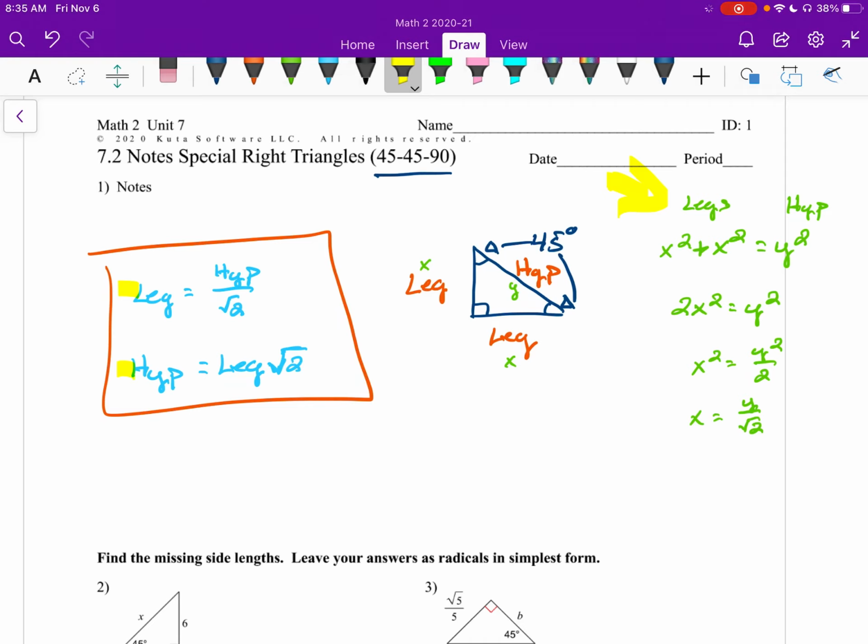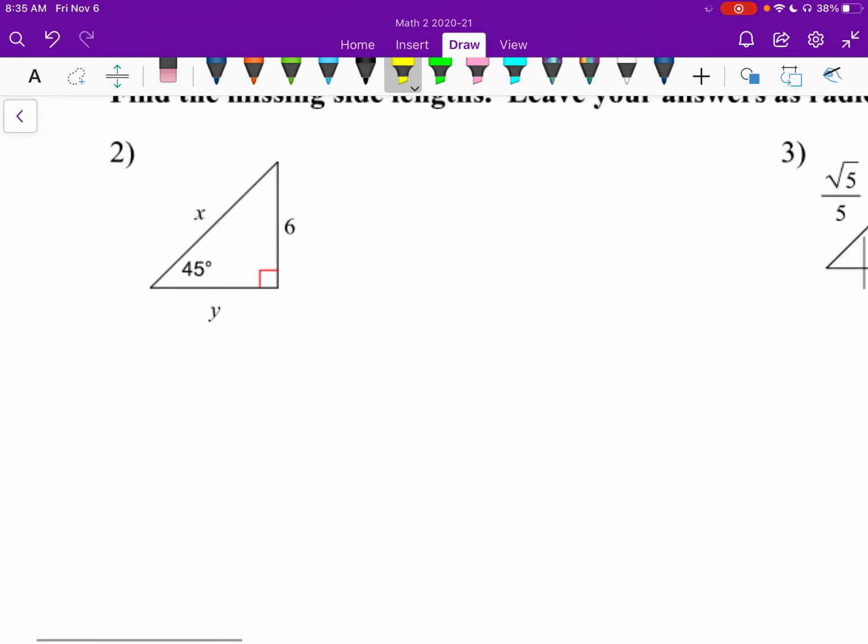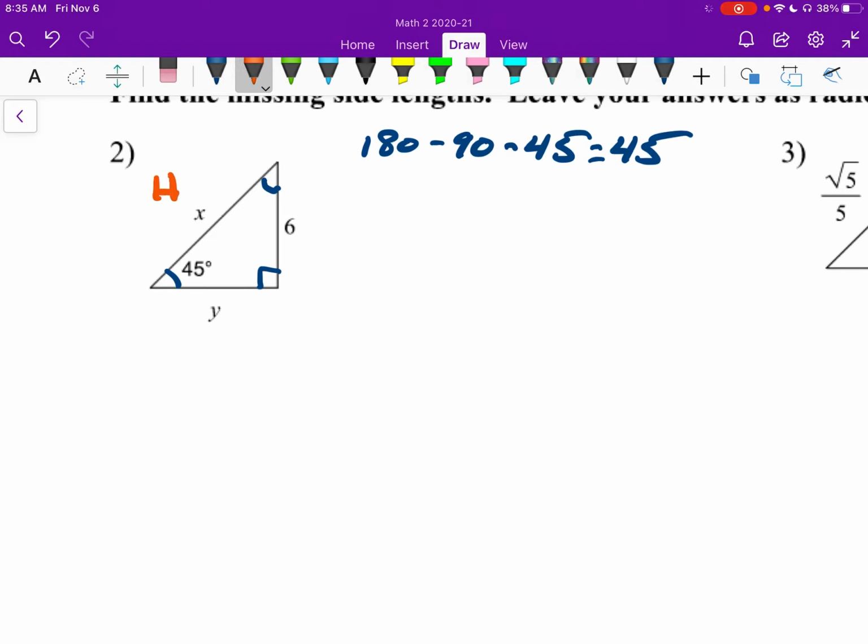Okay, so let's look at number 2. We have a 45, 45, 90 triangle because here's our right angle, here's a 45-degree angle, and this one also has to be 45 because 180 minus 90 minus 45 is 45, right? 180 degrees in a triangle. Here's our hypotenuse. Here are our two legs. We know that our legs are going to be equal because in a 45, 45, 90 triangle, the legs are equal.